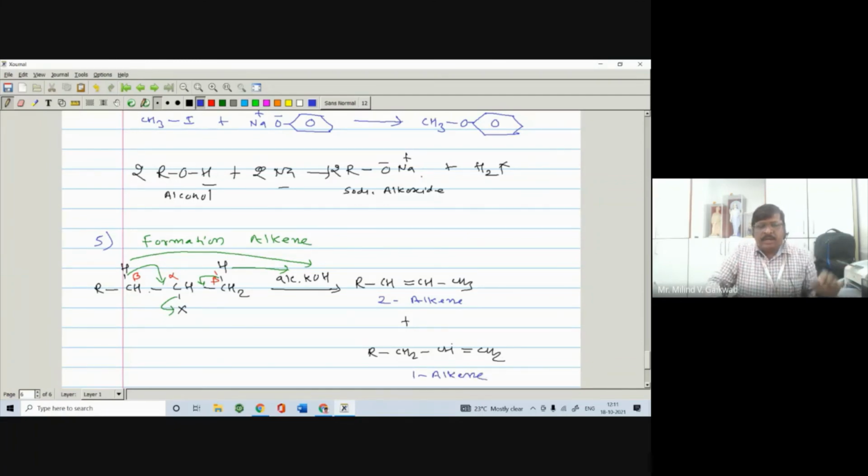Right? So with the course of reaction, as there is a removal of hydrogen and halogen, it is called a dehydrohalogenation reaction.